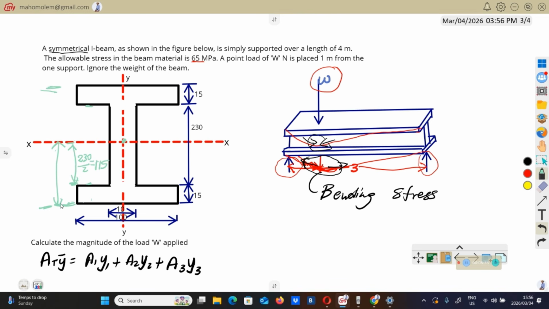So from here to there will be 115 plus this distance, which is 15. So total distance will be, how much is this? 130. So 130 will be this vertical distance from here up to there.